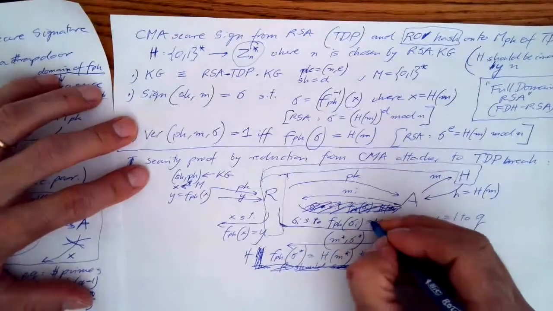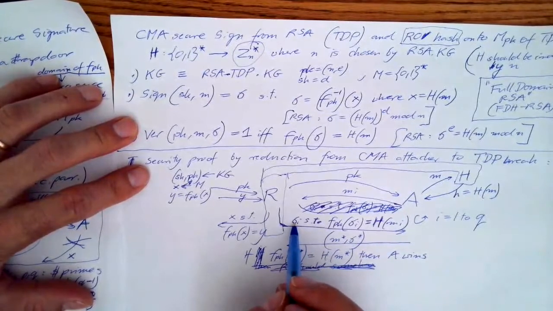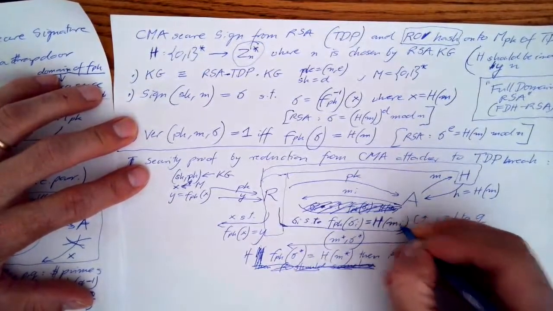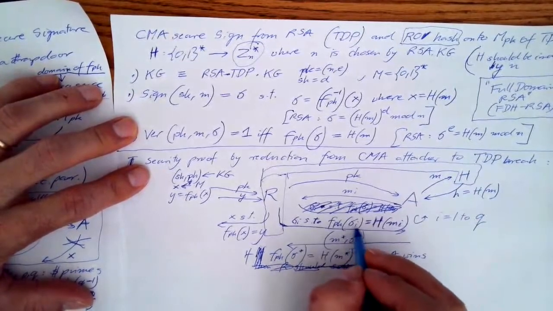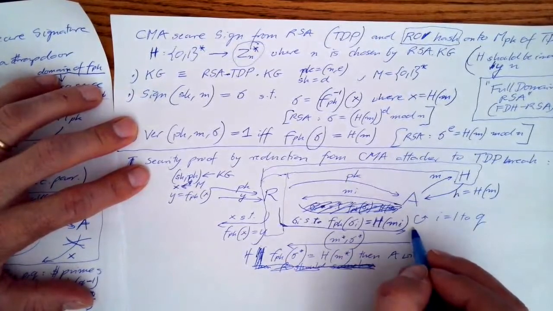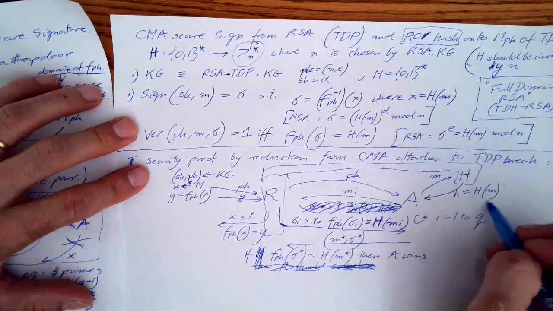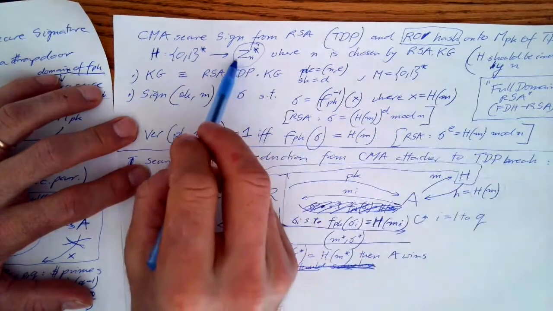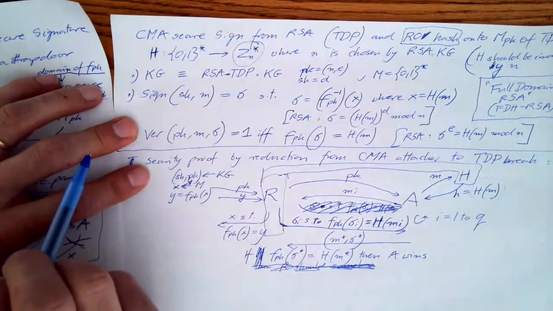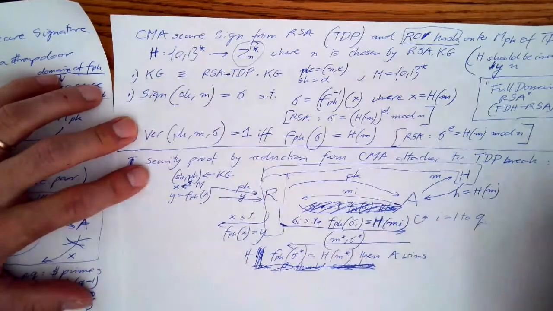So look what the reduction has to do in order to create these fake signatures. It has to kind of invert this function, right, on a point hash of m_i. Well, let's flip it around. The reduction doesn't invert on these points. It programs these points so that any hash of anything, yes, it will be a random value in the domain, but it will be computed by sampling a random point in the domain.